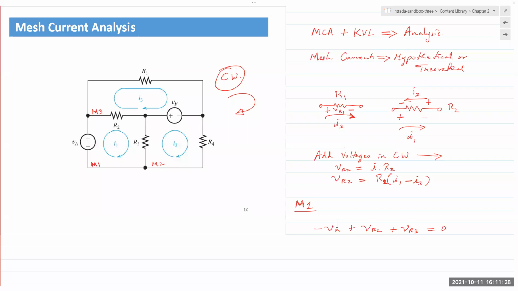Now VA, of course, would be known to us. But if I'm summing up the voltages in mesh 1, that means that my VR2 is going to be plus R2 times I1 minus I3. And then R3 is going to be R3 times I1 minus I2 is equal to 0. Think over it for a few seconds.